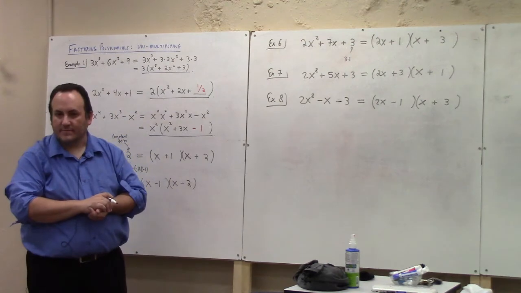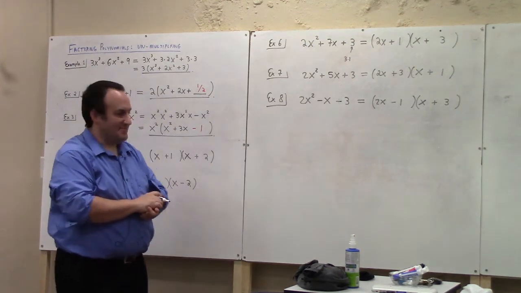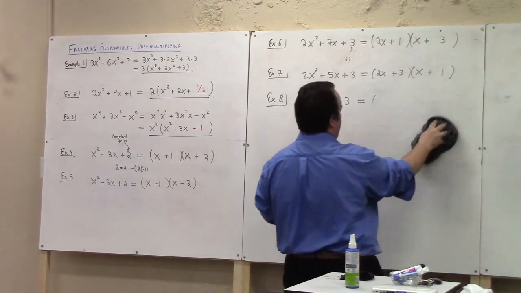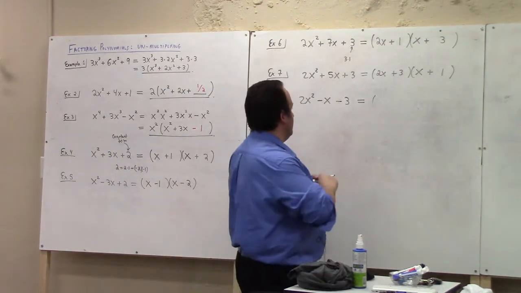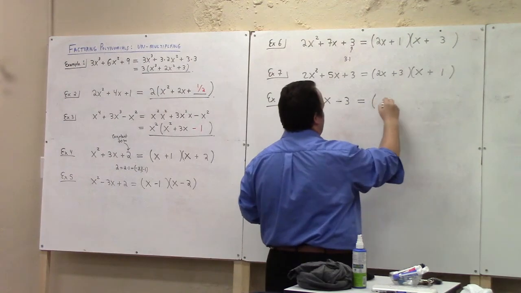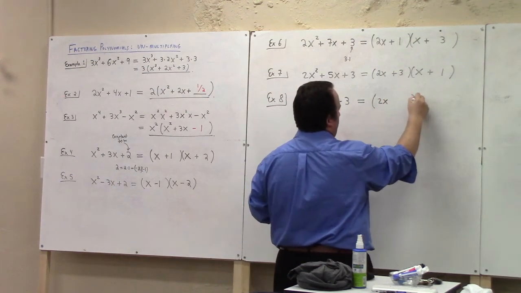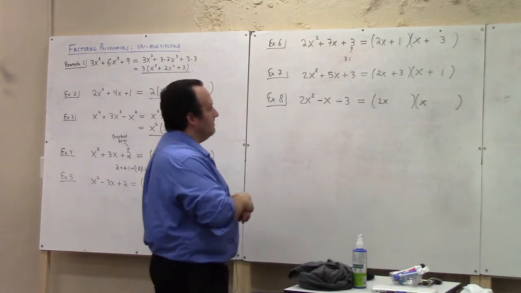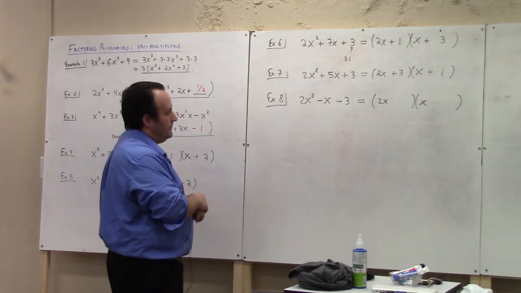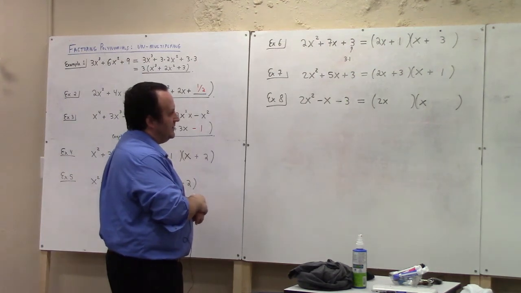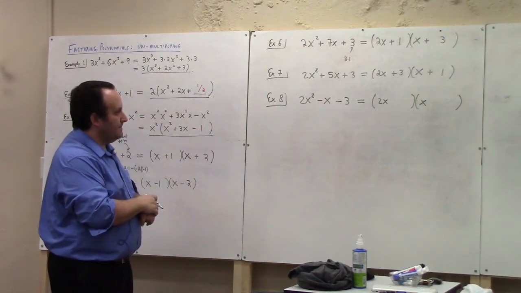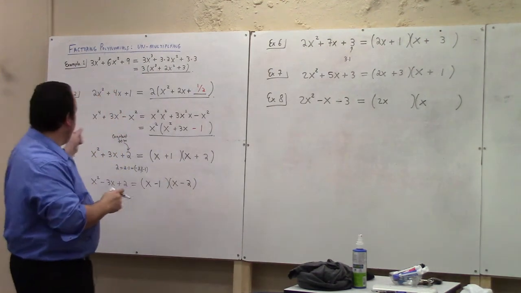I have a question. Yes. In the other problems, you know how it's supposed to be equal to the middle term? Why isn't it equal to the middle term here?